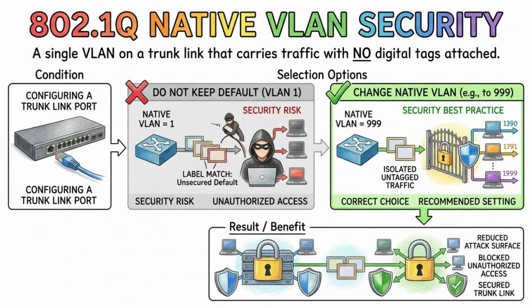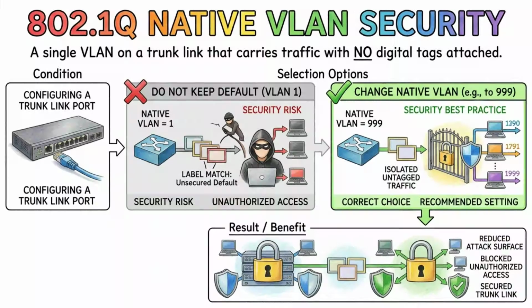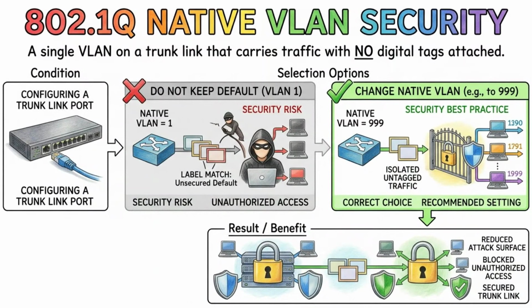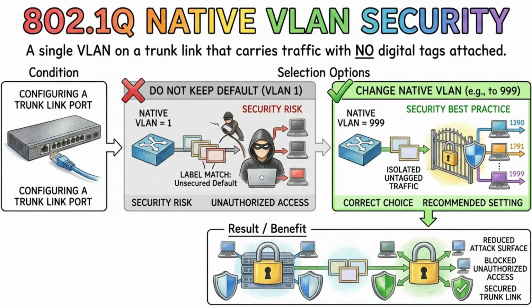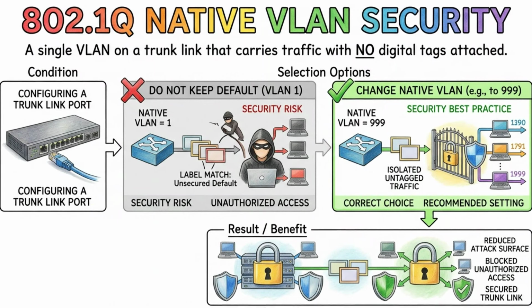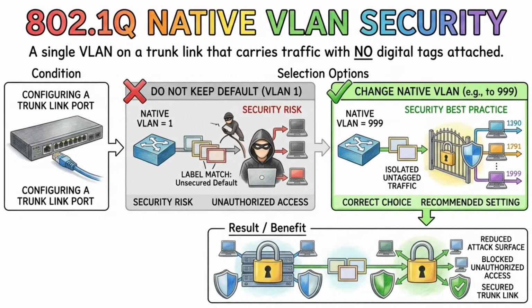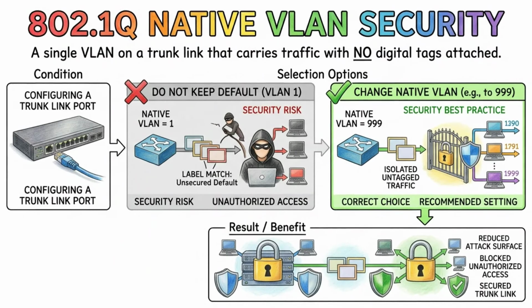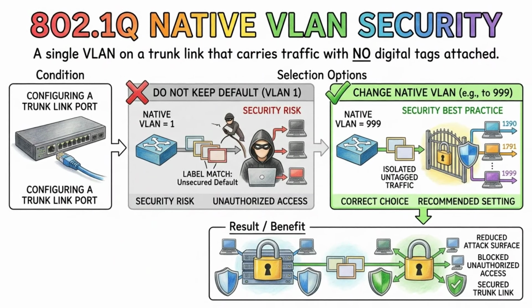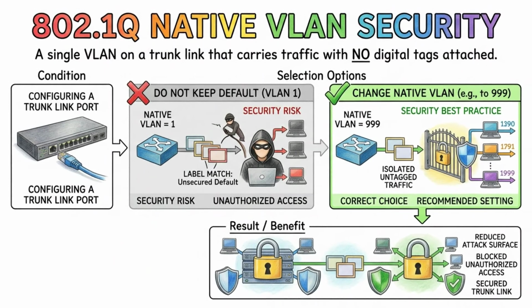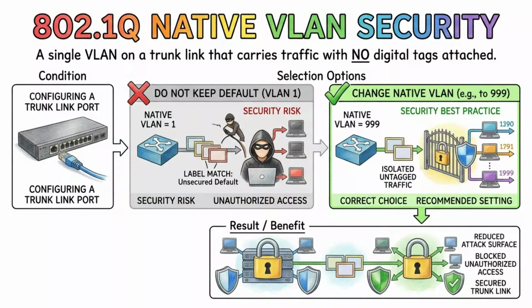The original purpose of the native VLAN was to support legacy network devices that did not understand modern tagging protocols, but today it primarily presents a security risk if not managed correctly. Security best practices strongly dictate that you should change the native VLAN away from the default setting of VLAN 1 to prevent potential unauthorized access. Understanding the difference between tagged traffic and untagged native VLAN traffic is crucial for troubleshooting switch connections.